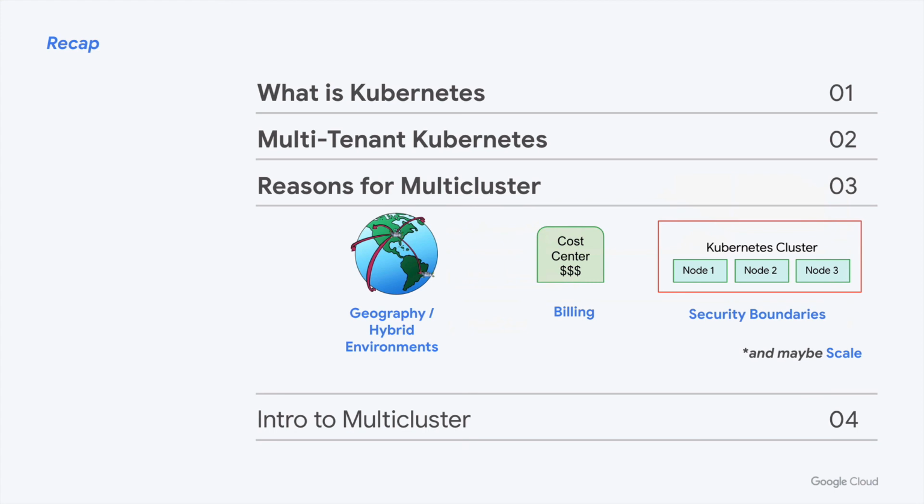And we talked about the reasons that you might want to run multiple Kubernetes clusters, namely cases where you need to run a workload in many regions or geographies or environments. And when it comes to organizing your resources to match your organizational billing model, that might be a reason for multiple clusters.